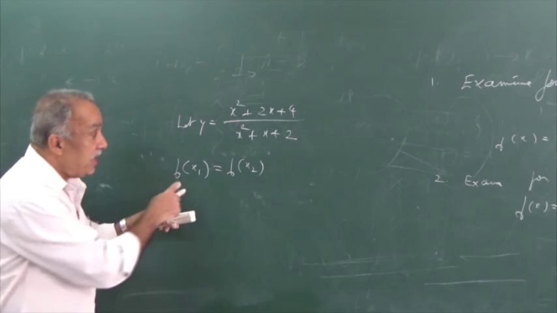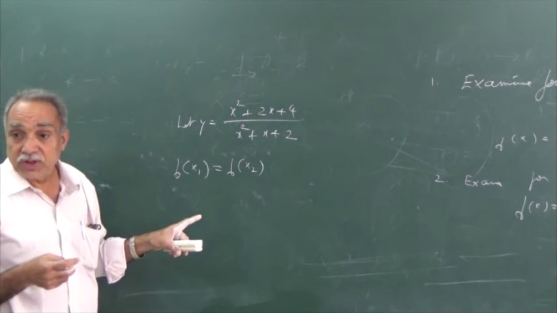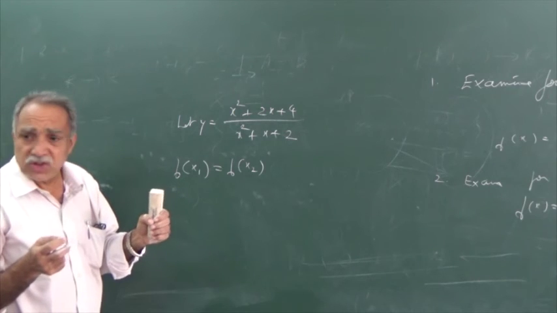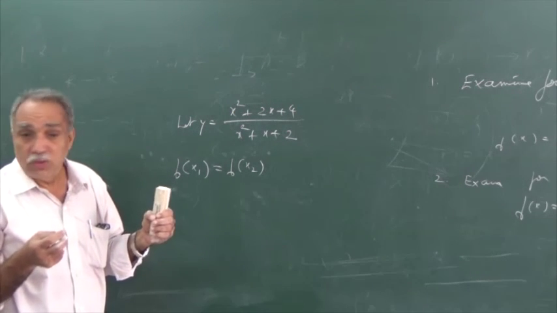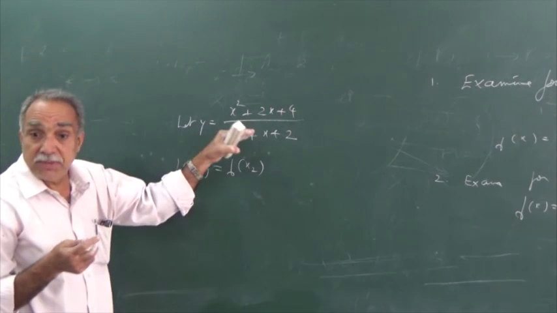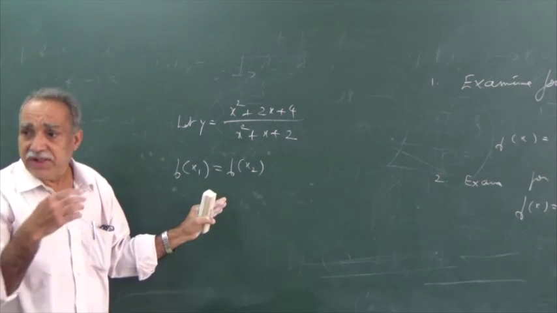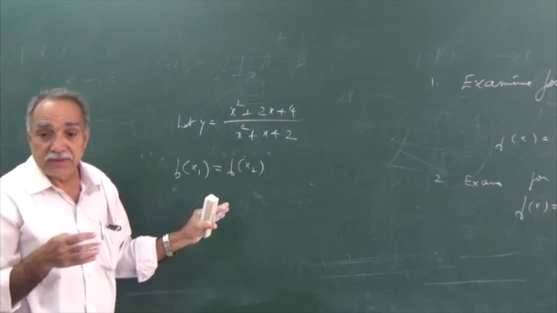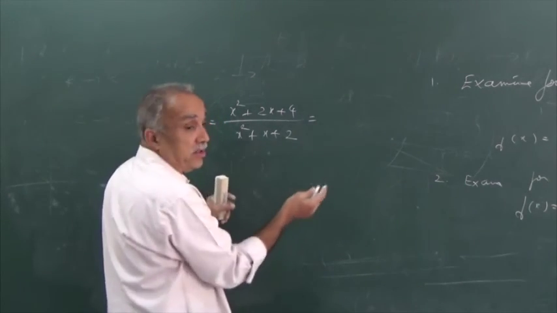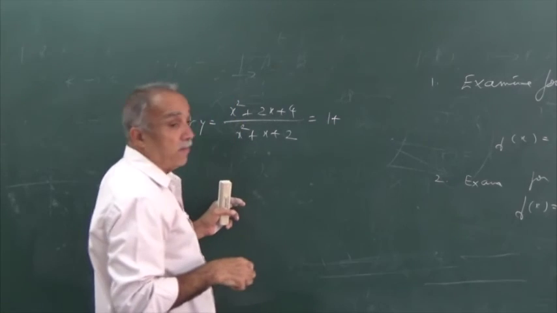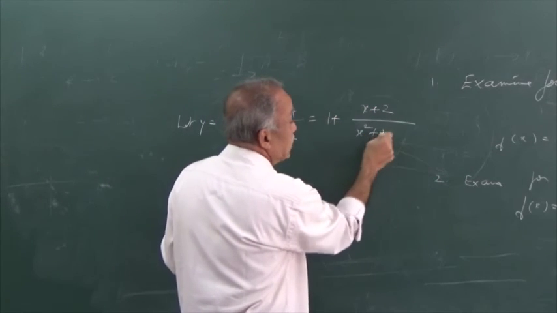But as it is, if you consider the equation f(x1) = f(x2), you may come across a slightly complicated equation with more terms. What I do is, first try some simplification on this, then go to this method. It slightly reduces my calculation part. What simplification can you perform? I will write this as 1 plus (x + 2)/(x² + x + 2).